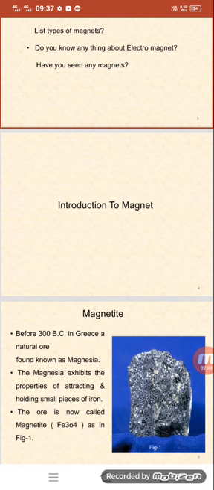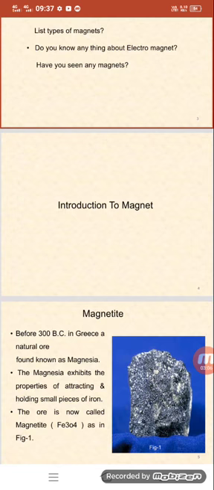Before Christ, 3000 years ago, in Greece, they found a natural ore called magnesia. This magnesia exhibits the property of attracting and holding small pieces of iron. Whatever ore has this property is now called magnetite.